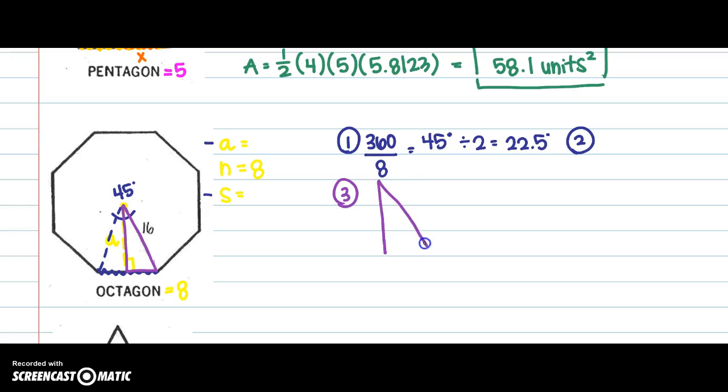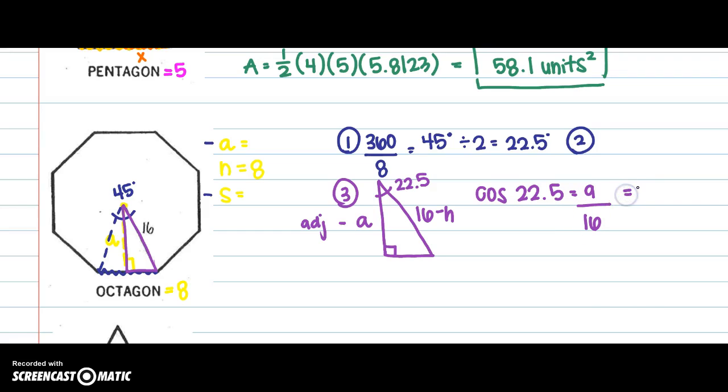So when I do that, it's going to help me start to solve for my A, and that is my 22.5. And I have my hypotenuse, which is 16. So this would be my hypotenuse, this would be my adjacent. So I'm going to use cosine of 22.5 equals A over 16.